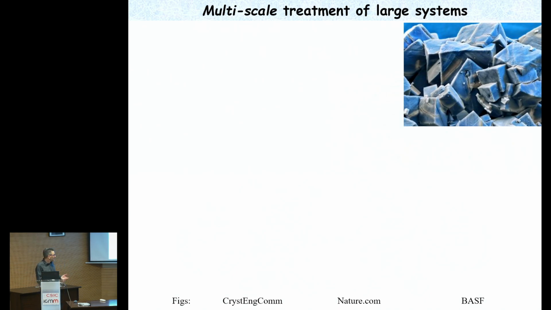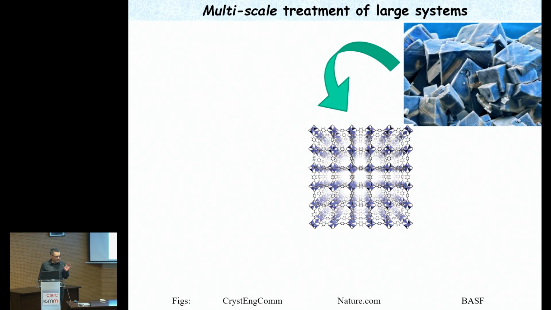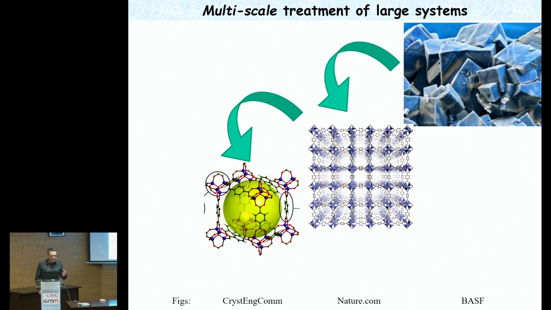And modeling means that we try to model materials like this. This is a metal organic framework, this is a real image. Good for us, these materials are periodic, so you can go down and see the periodic structure of the material. But in this structure, you can go to the scale of the unit cell.